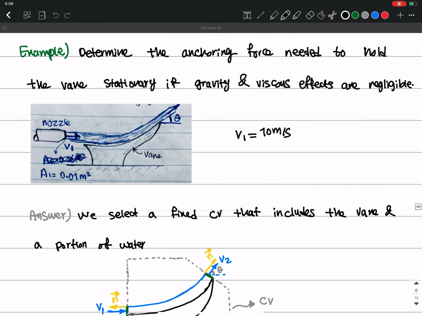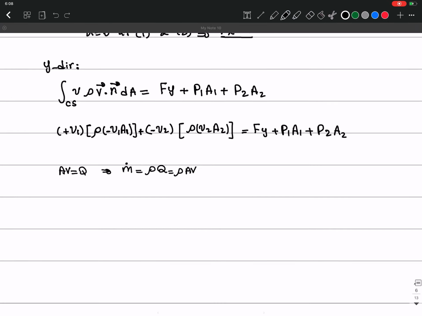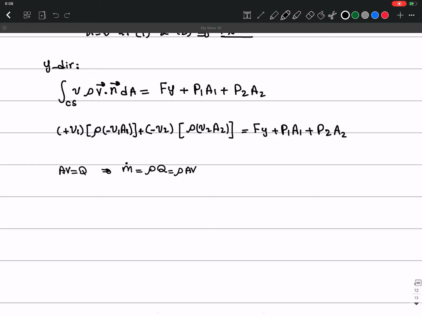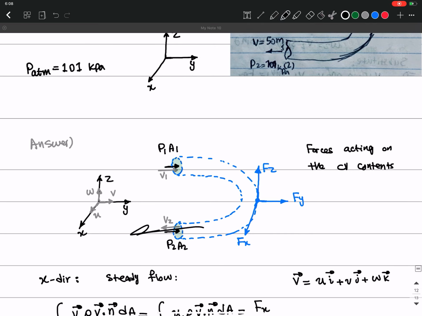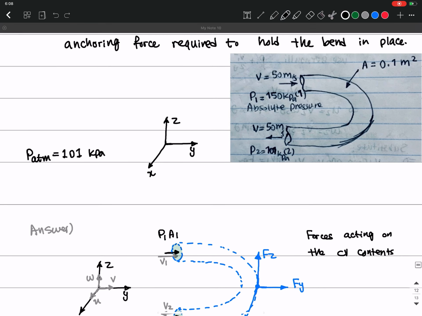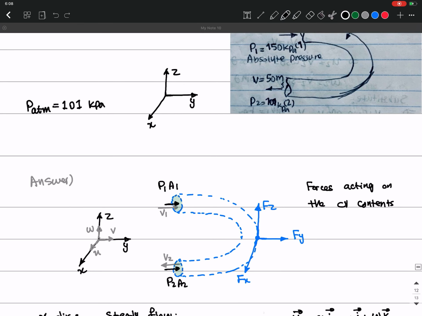So I want to just write it down again in this way. This is another way because it's going to make it easier for you to understand. So these rho A V terms that I have here are just mass flow rates, okay? And as you see from continuity, it states that the mass flow rate that is coming into this control volume and goes out of it should be constant and should be equal, right? In other words, whatever comes into this control volume should go out of it, right? Unless you have a leakage, right?